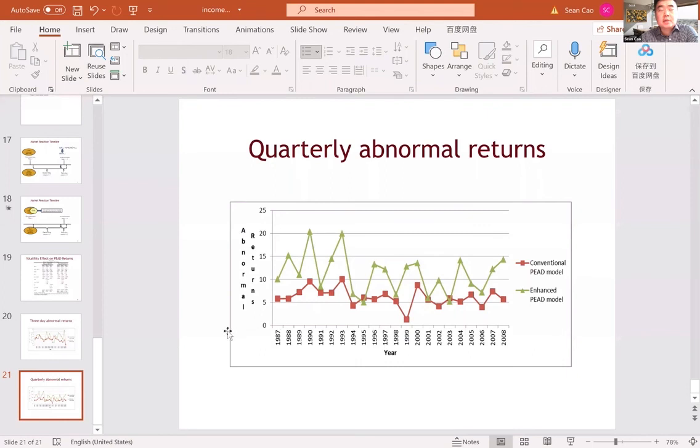So this is the idea: how you should use the income statement to provide useful information for investors. Here the example is for investors, but later on you can use the income statement to provide information to managers and a lot of people. We talked about how to test and what the theory is.